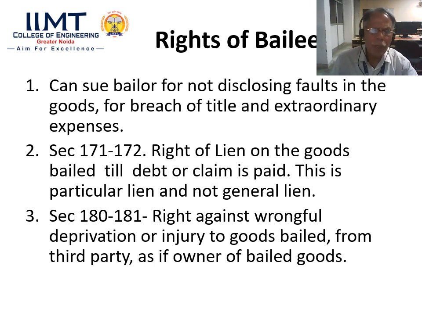And this is particular lien and not a general lien. Sections 180-181 talk about rights against wrongful deprivation of or injury to goods bailed from a third party, as if owner of the bailed goods. Like in this case we have discussed, it is the bailor's duty that he should bail only such goods for which he or she has a legal right.